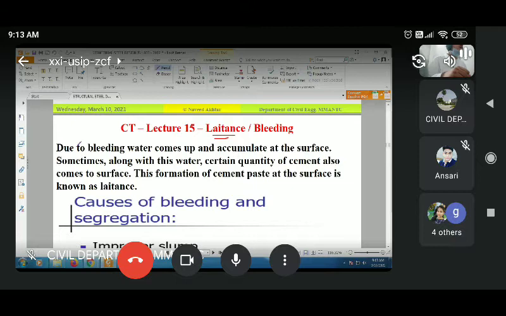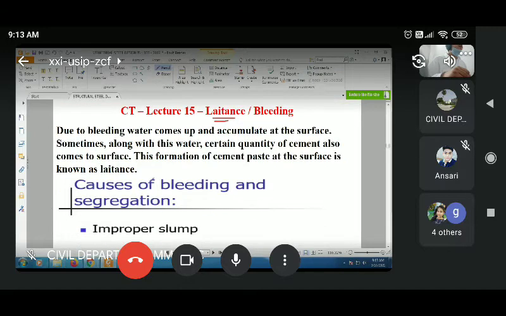This formation of cement paste at the surface is known as laitance. So due to bleeding, along with the water, some cement paste comes up on the surface of water, and that is termed laitance.